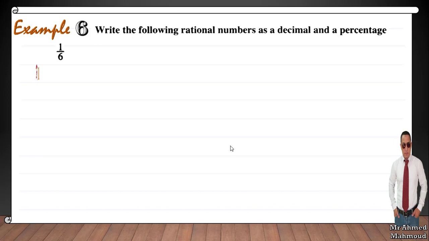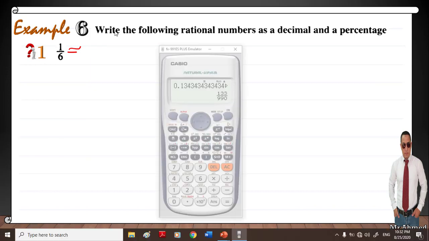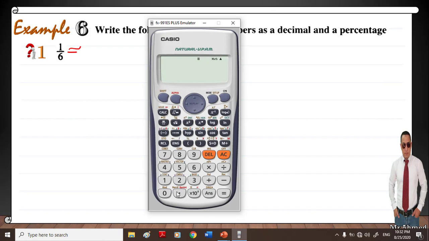Now we have example 6. Write the following rational numbers as a decimal and a percentage. As a decimal, 1 over 6 equals, using S to D, 0.1666 and so on.